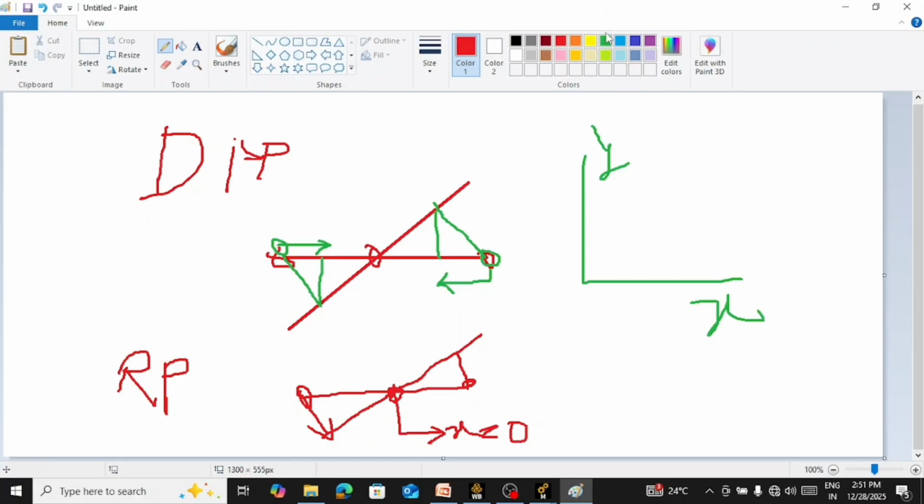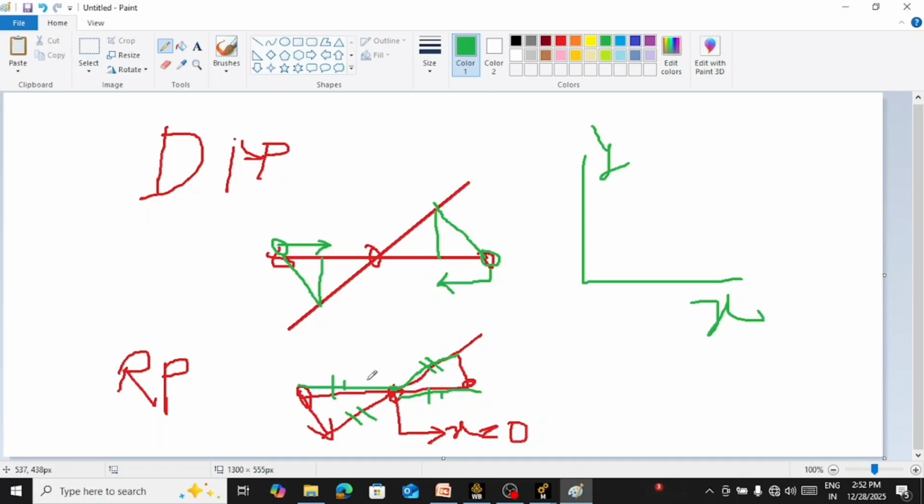For example, the constraint equation says the distance between these should always be the same. Even after rotation, they can maintain this distance, and this point can still be in a fixed position in the x direction.